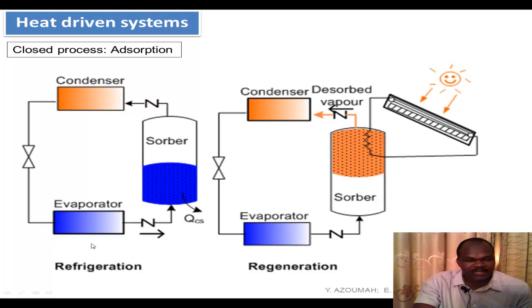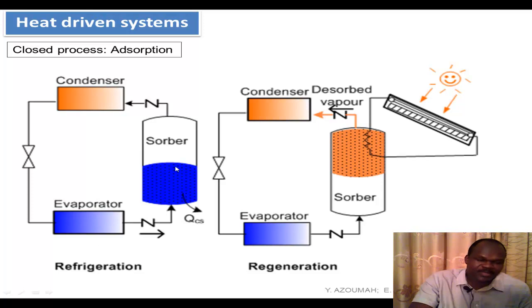Okay, so the sorbent, or the absorption substance, at a point will get saturated because it's going to be doing that, and at that point it will have absorbed almost all the fluid. Okay, and at least you will get some cooling by the time it does that.